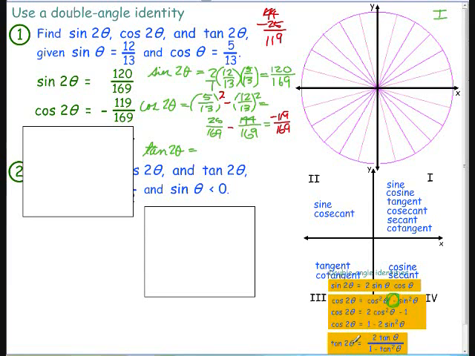Now the tangent of 2 theta. I need to know what the tangent of single theta is, and I don't have it. Although, how could I do this? I could say, okay, I know that I could do it this way: sine of double angle over cosine of double angle would do it for me.